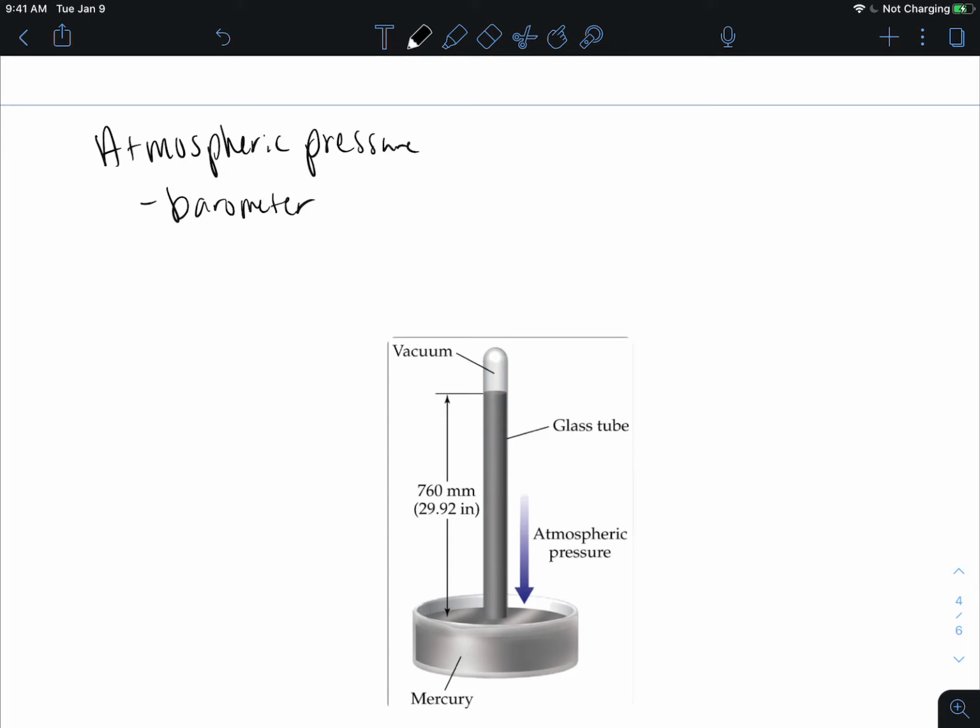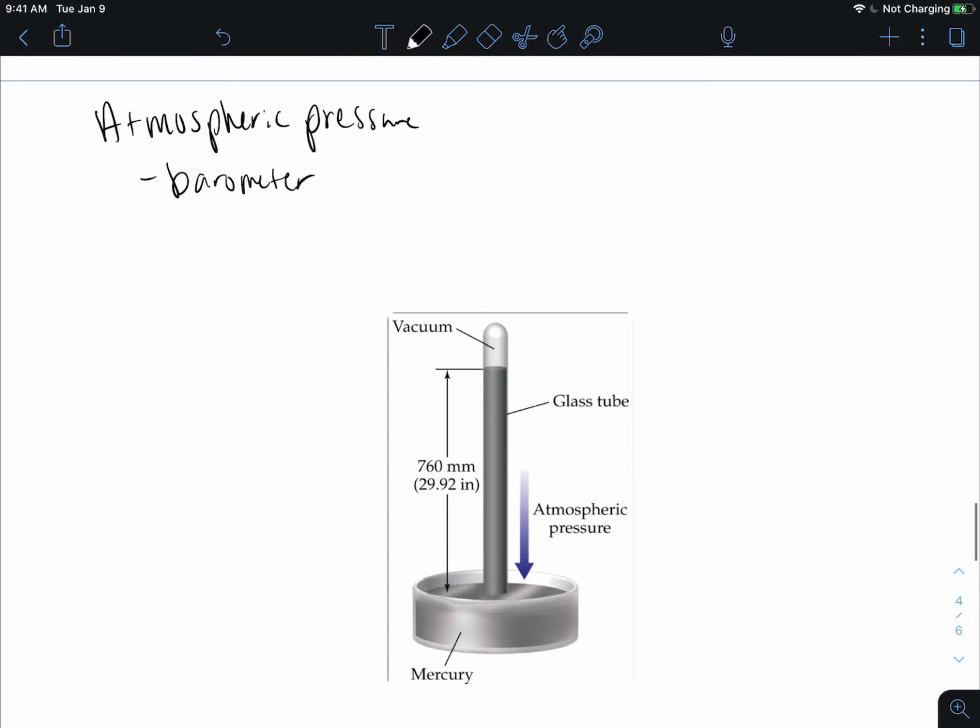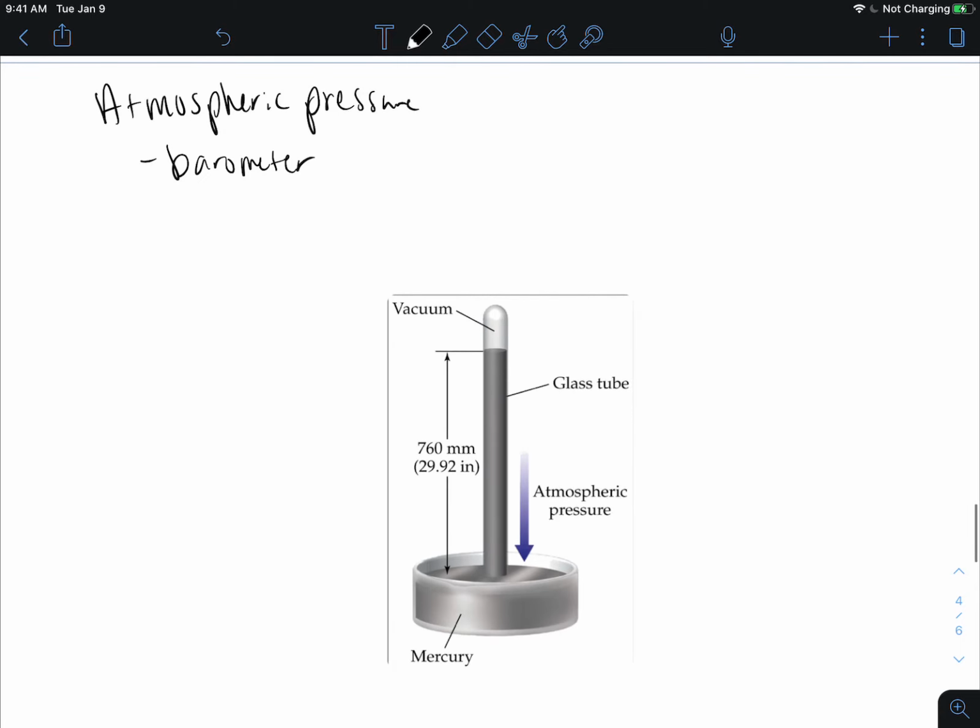A barometer measures our atmospheric pressure, and what a barometer is, is an open dish of mercury. And as the atmospheric pressure pushes down on this dish of mercury, it pushes up on this column of mercury.